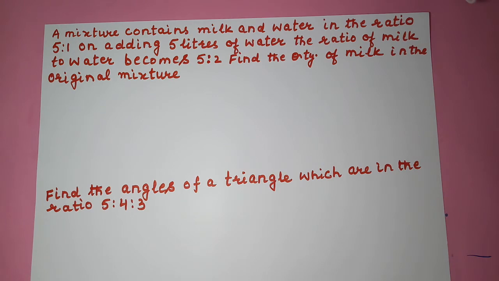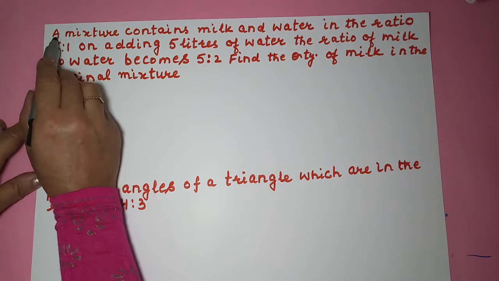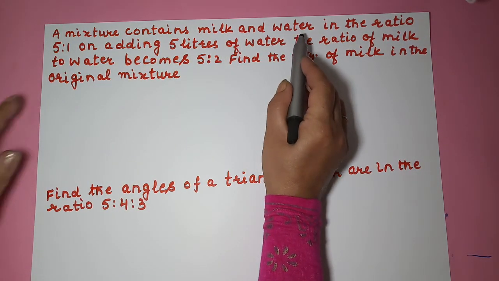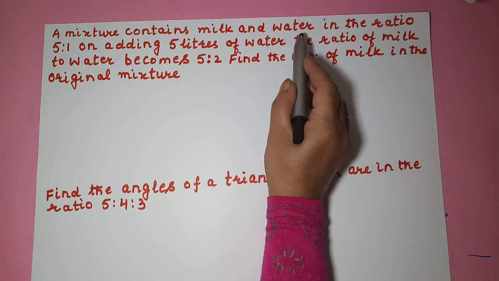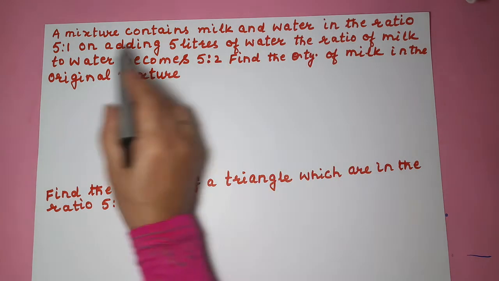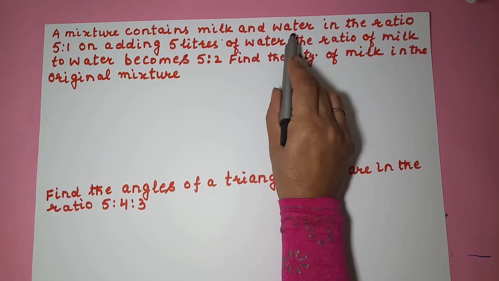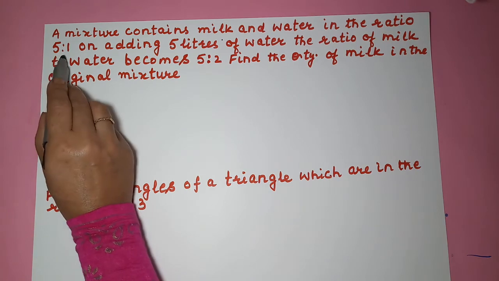One more. This is related to mixtures. Now he's saying that a mixture contains milk and water. What do you mean by mixture? When two or more liquids combine together, we call it a mixture. So you have a mixture which is containing milk and water, and the ratio in which they are mixed is 5:1.